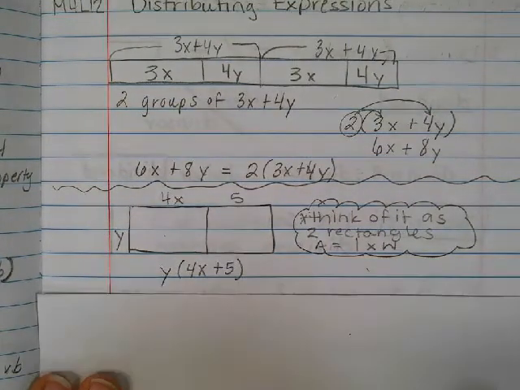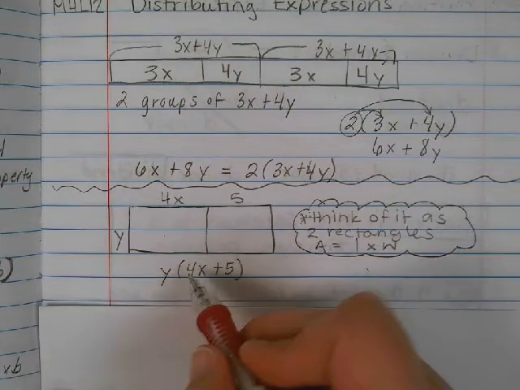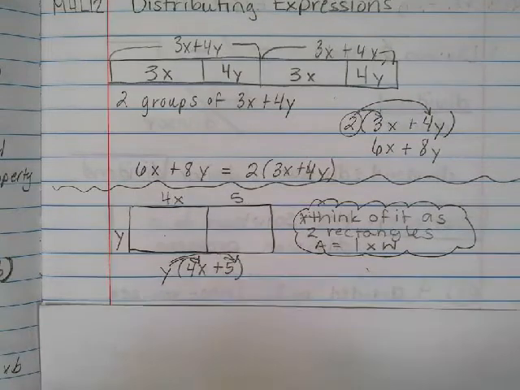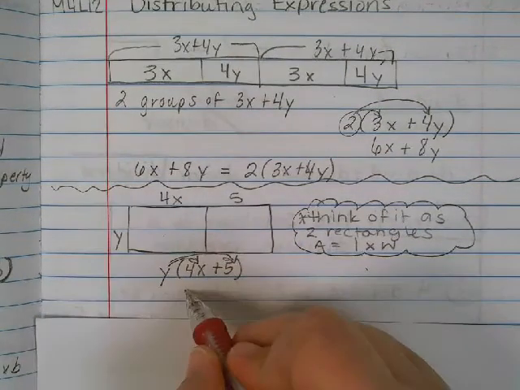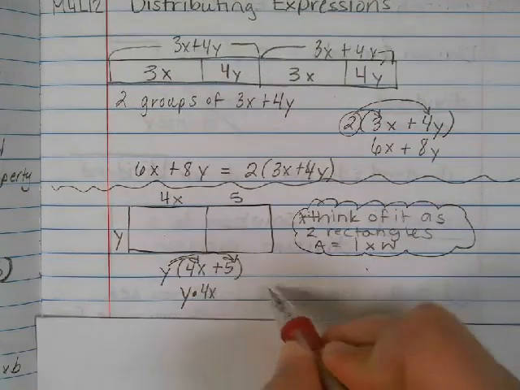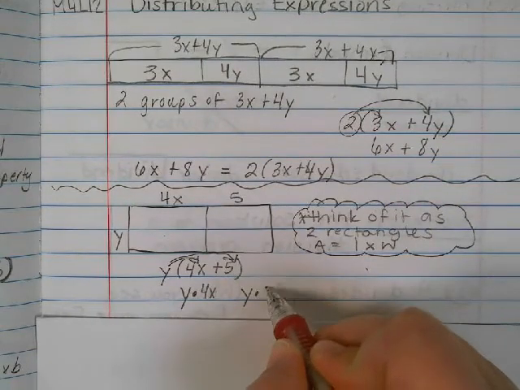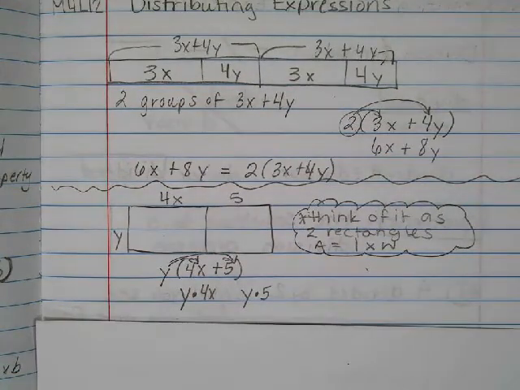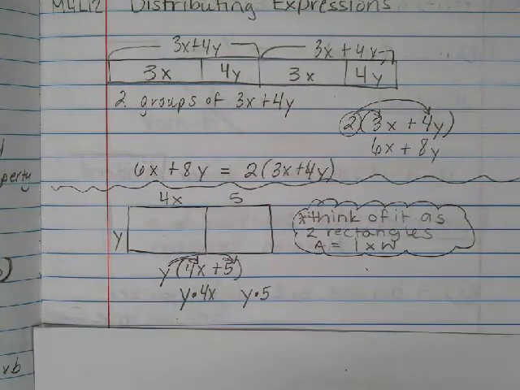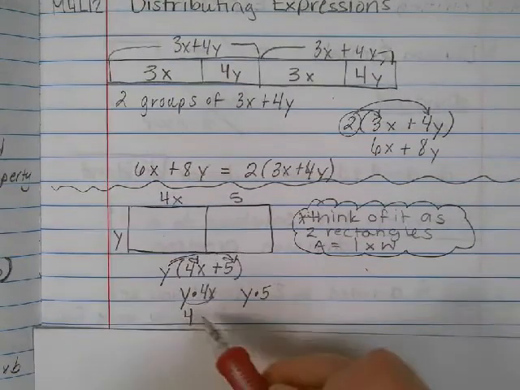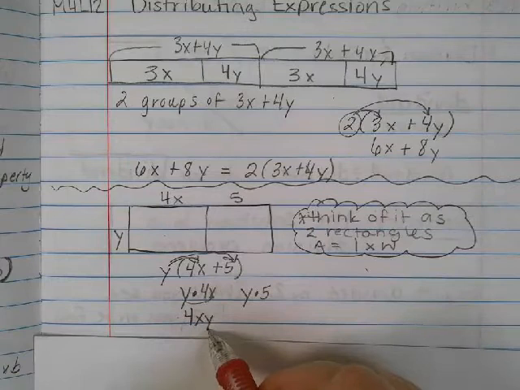So this time I'm going to be distributing the y to this term and this term. So it's going to be y times 4x and y times 5. And I'm going to combine the x and the y, so it becomes 4xy.